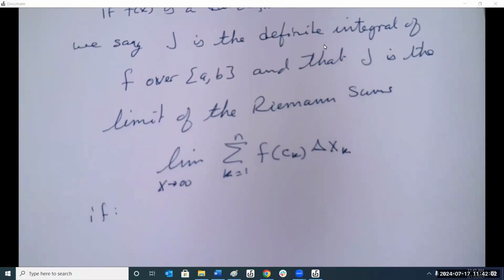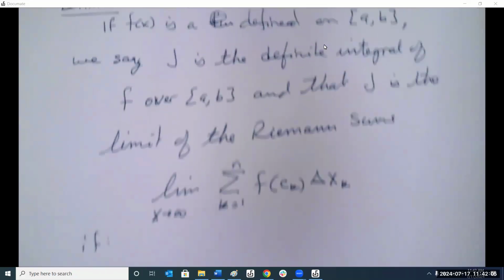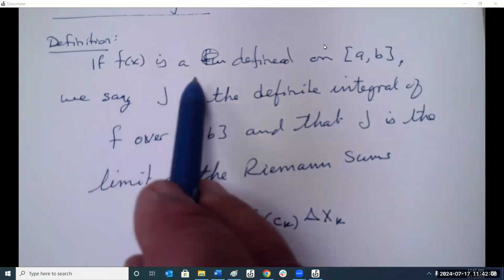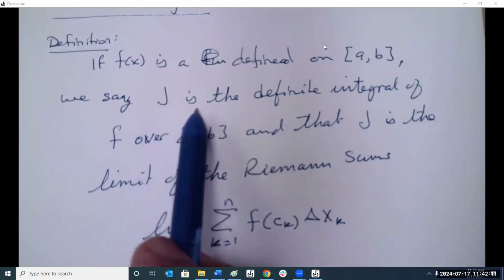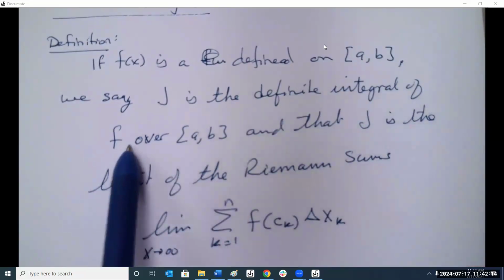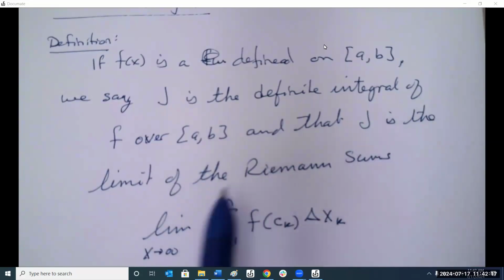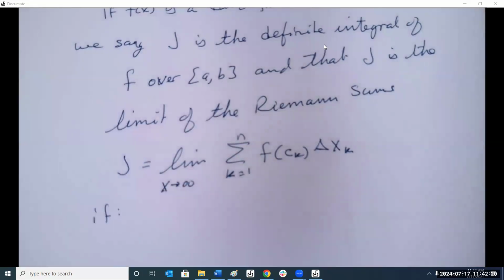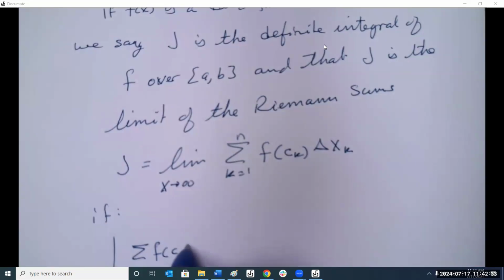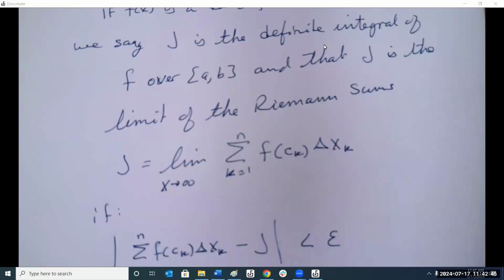So far, so good. So if f of x is a function defined on a closed interval, and j is the definite integral of our function over the closed interval, and that j is the limit, this is true if the summation of our function at the midpoints times delta xk, k equals 1 to n, minus j is less than epsilon.